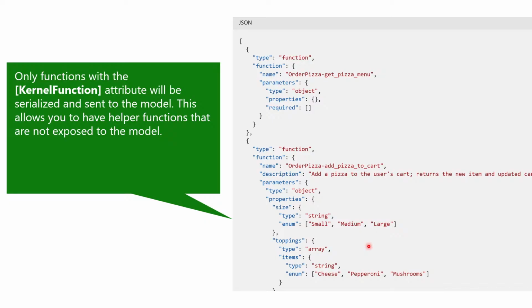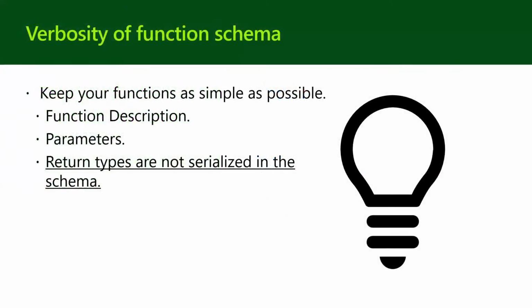Okay. So now let's talk about some of the best practices. The first one is verbosity of function schema. Okay. Keep your functions as simple as possible. Because you saw that these serializations don't come for free.